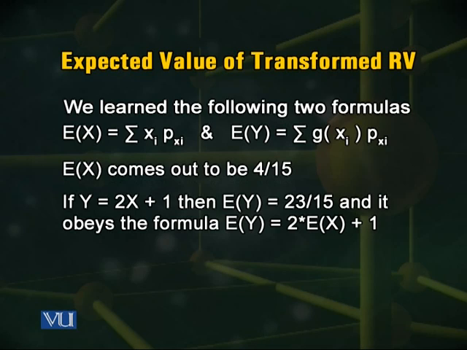So, expected value of y, which is 23/15, is 2 times the expected value of x plus 1, where expected value of x is 4/15. So, apparently, for this mapping at least, the mapping defines the probability mass function as well as expected value.